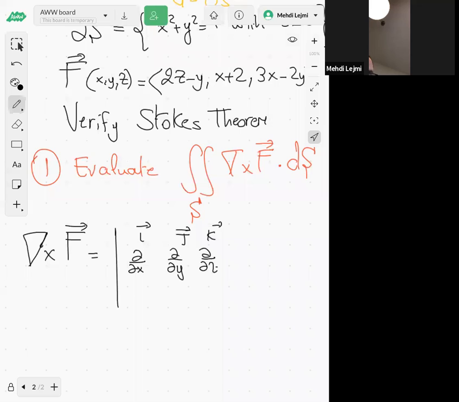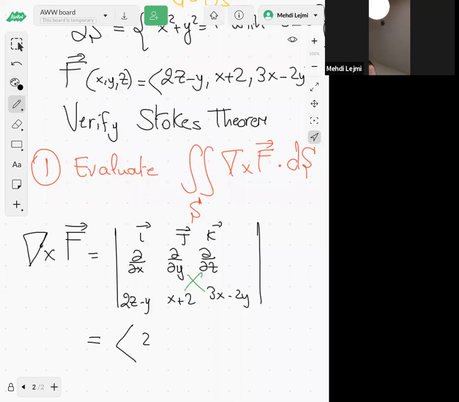Here you have the components of F: 2z minus y, x plus z, 3x minus 2y. You have to compute this cross product, and it's not that bad because the derivatives are just constants. The derivative with respect to y is -2, minus the derivative with respect to z of x plus z, that's 1, so it's -2 minus 1.